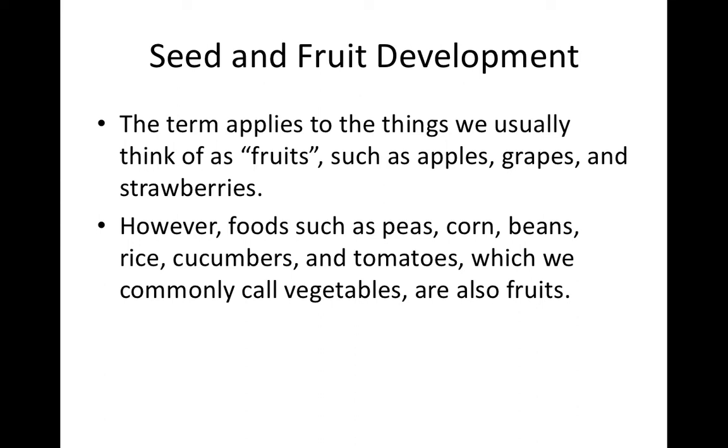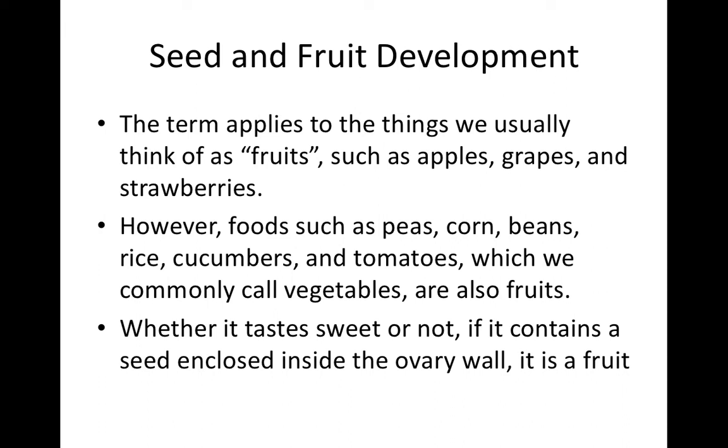So for example, peas, corn, beans, rice, all of these that we would commonly call vegetables. These are also fruit if you think of them in terms of their function for the plant. So if it contains a seed enclosed inside an ovary wall, it's considered a fruit, whether it's sweet or not.